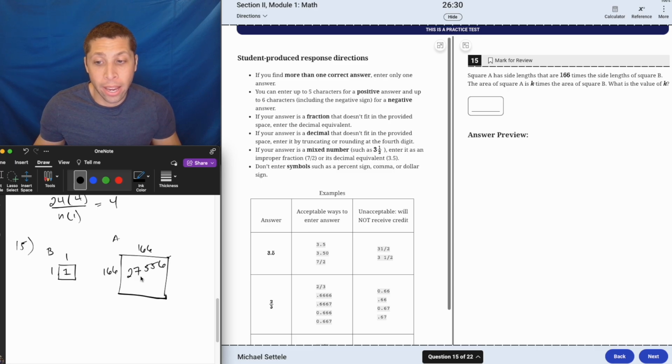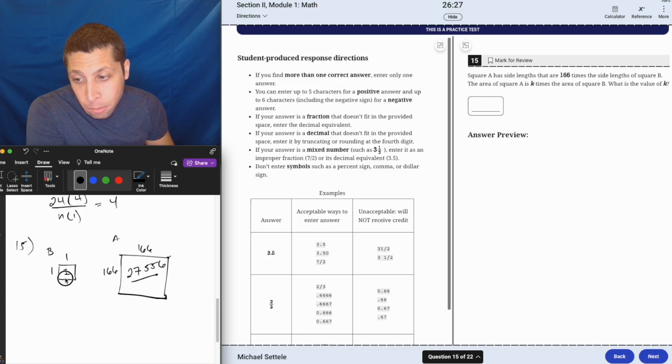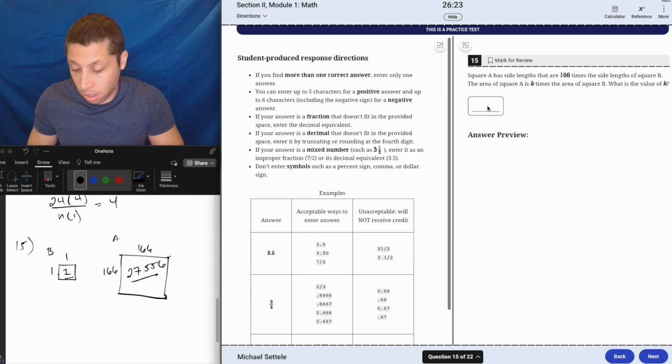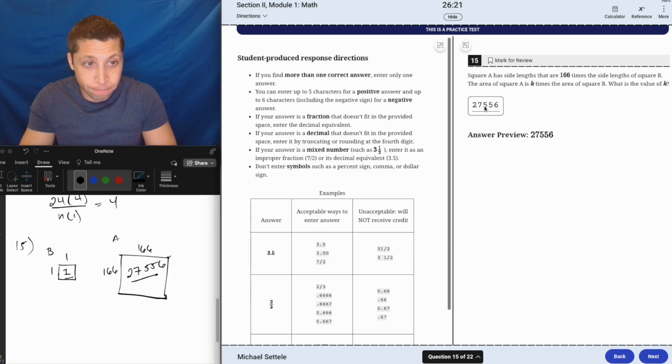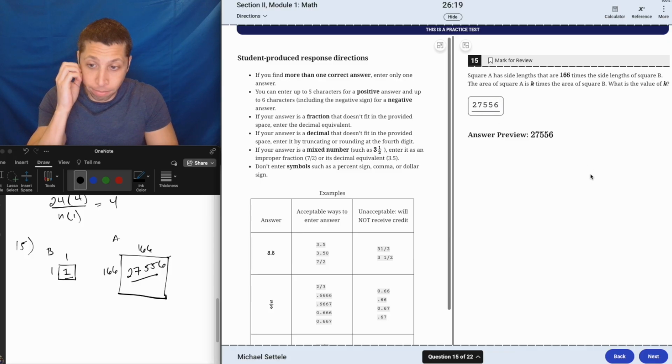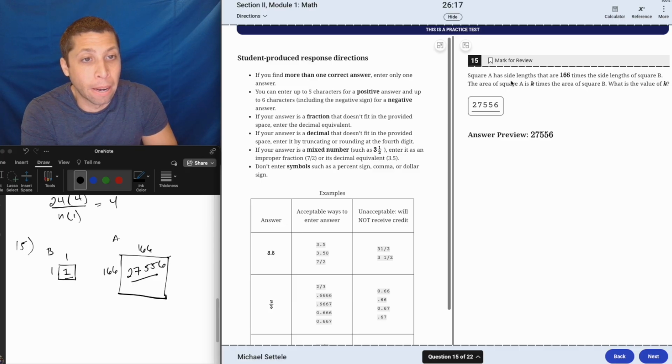The area of square A is k times 1. Well, 27556. That's it. Yeah, it takes 2 seconds to arithmetize this, but people get it wrong because they just don't understand there's a clear trap here.